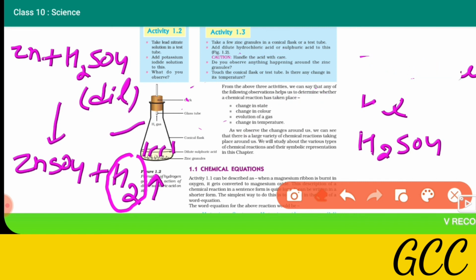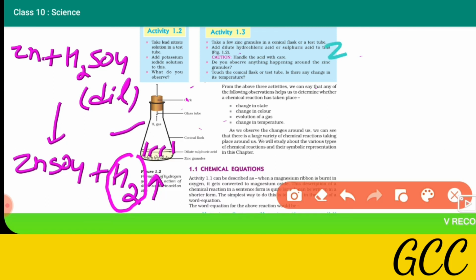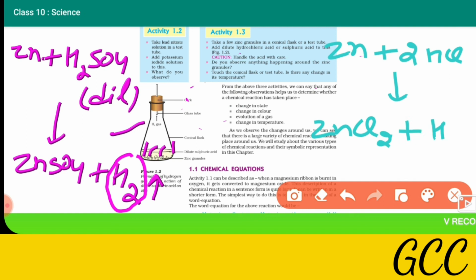Same way, they told you this zinc granules or zinc powder might be reacted with the hydrochloric acid. With the hydrochloric acid, you see please, all of you, if we are going to give this reaction with Zn plus 2HCl, then it will become ZnCl2 plus H2.